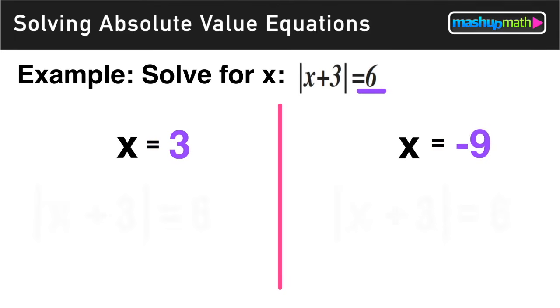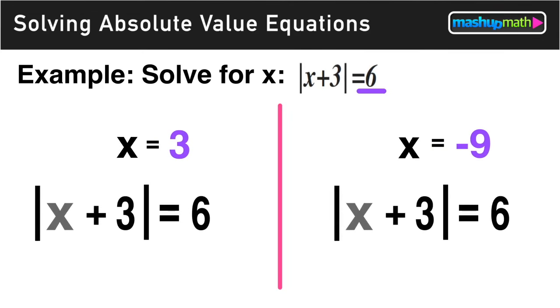Now to make sure that these solutions are correct, we can go ahead and do a check. So I take the original absolute value equation and substitute back in our values for x. So on the left side equation, I replace x with 3. On the right side equation, I replace x with negative 9. Now over on the left side, inside the absolute value bars, 3 plus 3 is equal to 6.